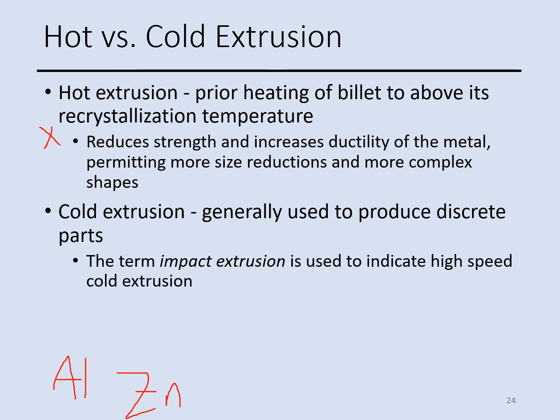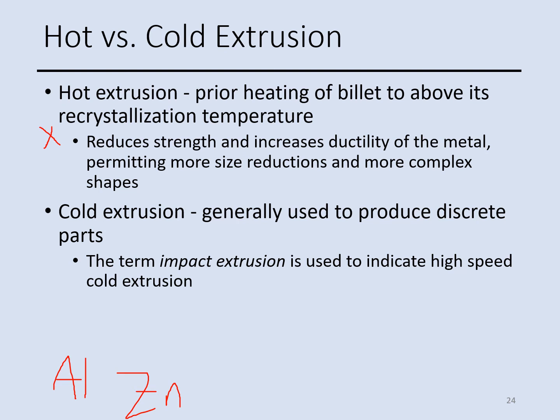Hot extrusion normally is performed above the recrystallization temperature. What is recrystallization temperature? It's a temperature where the crystal lattice structure of metal becomes reoriented. Because of that, the metal becomes more workable and ductile.